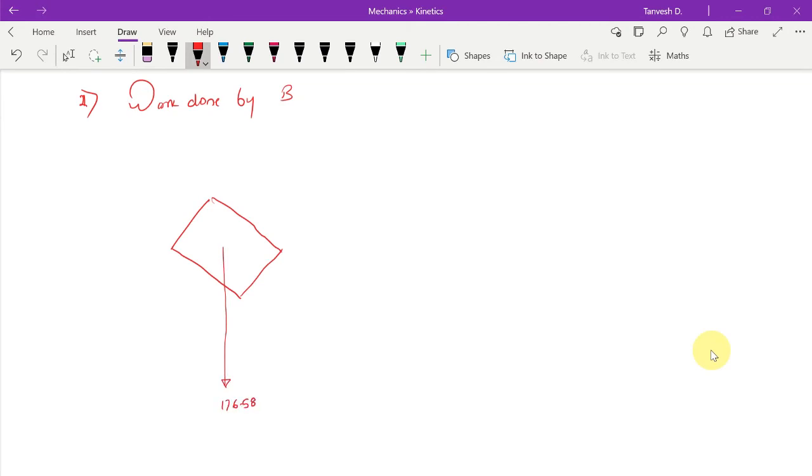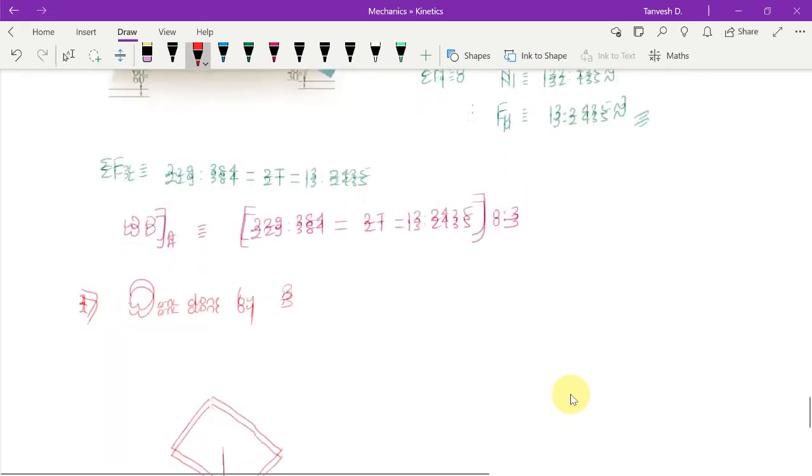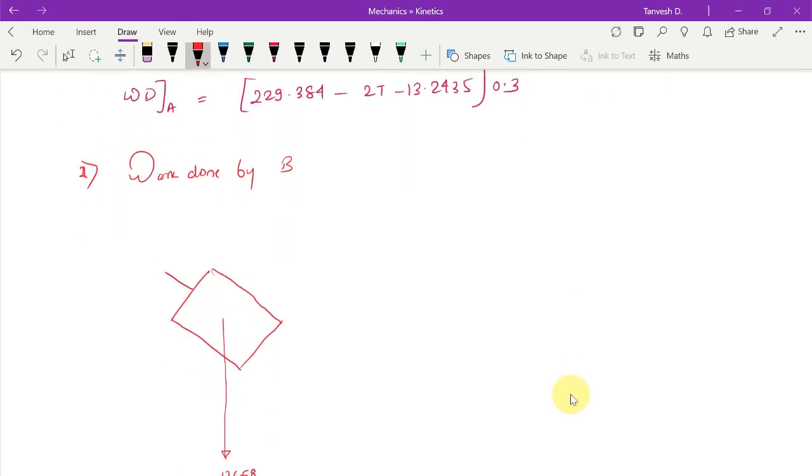There is one tension acting in this direction, T. The movement is happening in this direction, so that is positive, and it is happening by delta SB, which is equal to 0.6 meters.